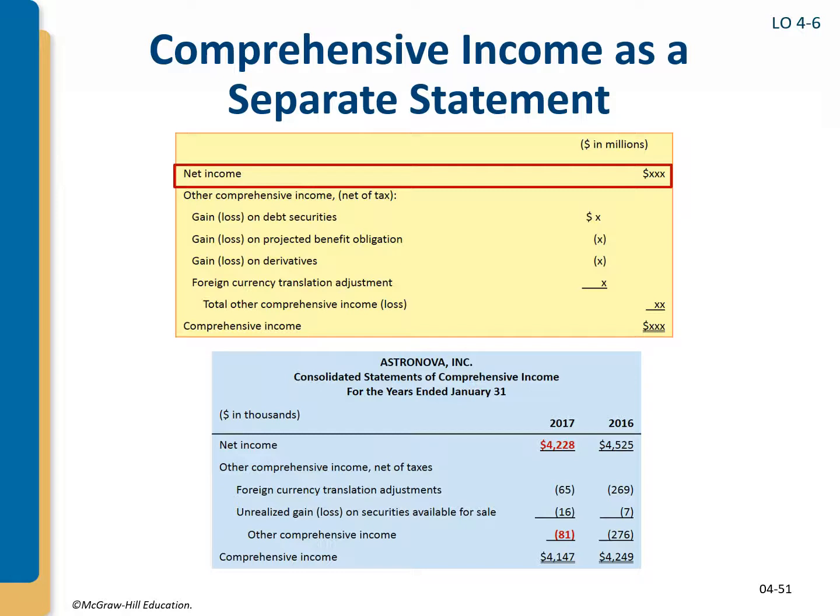Here are our other comprehensive income increases and decreases. It looks like it's all decreases. So overall, comprehensive income is $4,147,000. So when you do a separate statement, that's how you would start with net income and then add or subtract those things that are considered other comprehensive income.